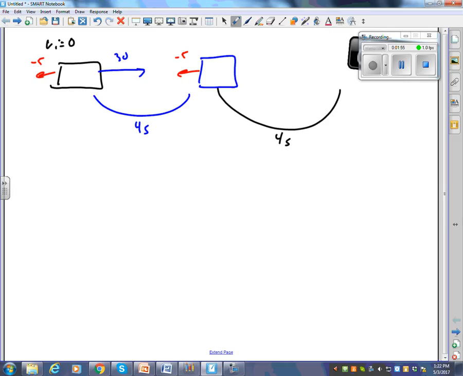Clearly 1 times 4 is 4, and 1.25 times 4 is going to be more than 4, is it not? So what do you think that person did? I think they divided it. Yeah, so the delta V there should be 5, which means that the final velocity is 5. Now, is that all?